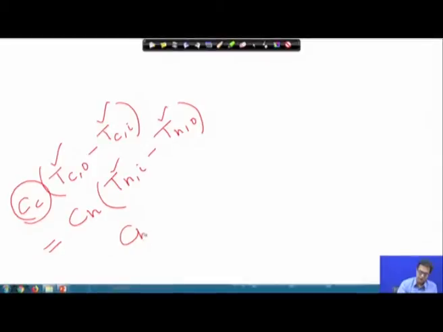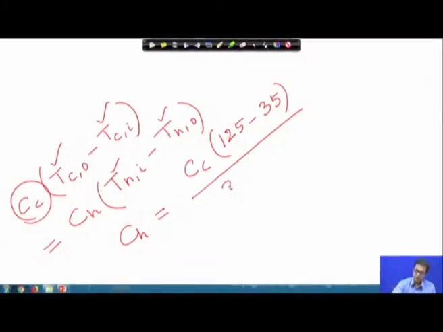So, we can find Ch to be Cc, that is 4197, multiplied by (Tco minus Tci), that is 125 minus 35, divided by (Th in minus Th out), that is 300 minus 100, and already we know Cc equals 4197.